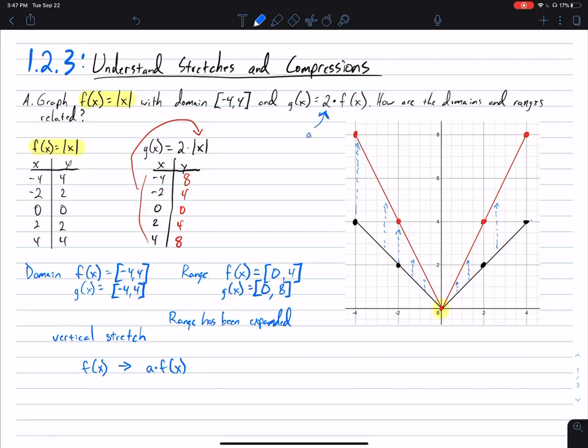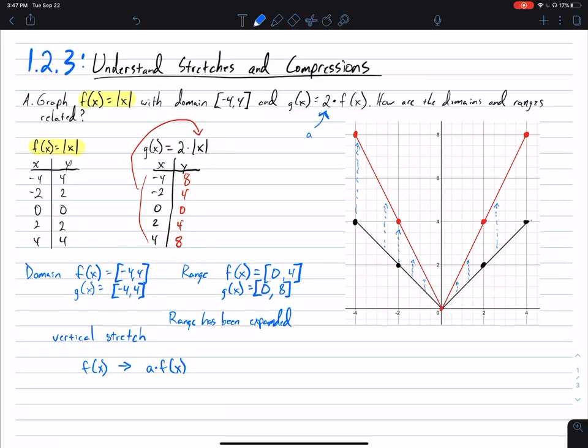That a is going to tell me whether there is a stretch or what is called a compression. A compression is going to make my range smaller. All right. If I was to look at this, a compression would have meant my graph would have kind of gotten flattened out, something like that. But we're not looking at that, so let's get rid of that so we don't confuse ourselves. But compressions are when they're kind of flattened.